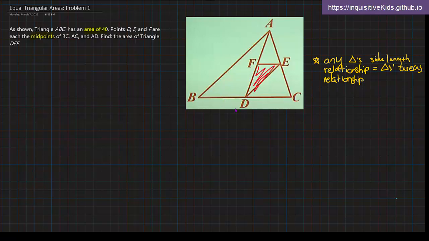D is the midpoint, which means that BD and DC are equal. So are AE and EC. I'm just using different shapes to show you that they're equal, and for this I'll use triangles.